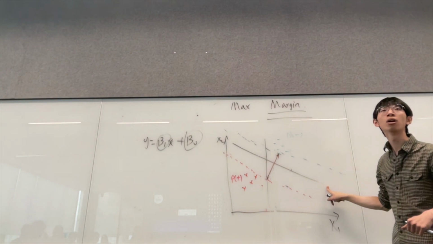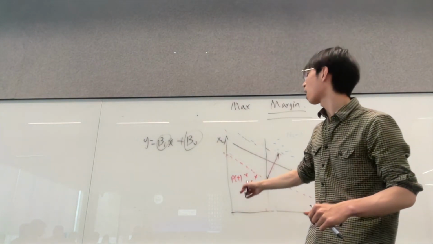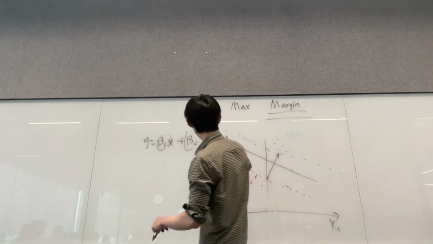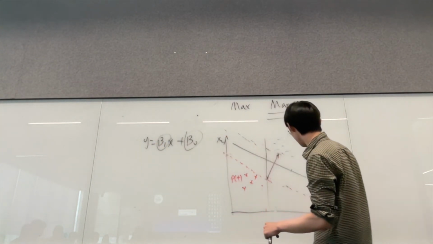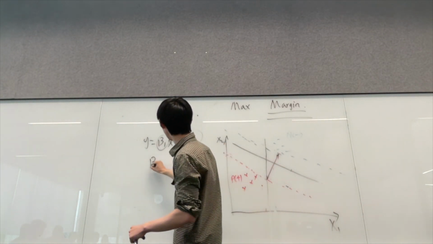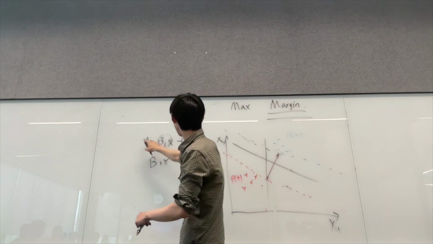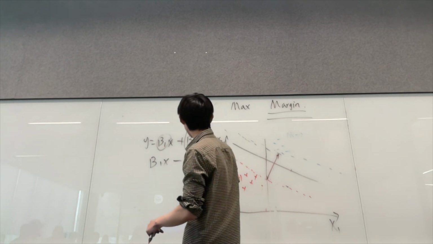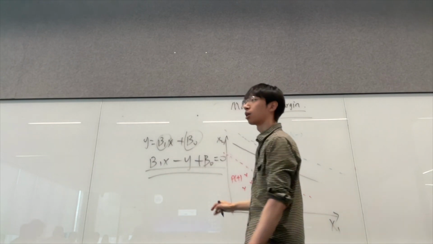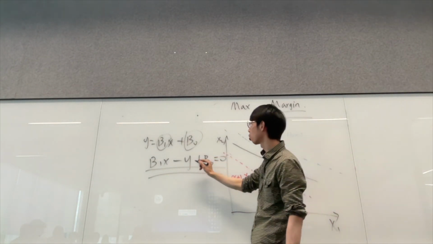W transpose x. Actually, it's the same as this. If you take this as y and this as x, what would this line be? This line would be w1 x minus y plus a constant. It's any line, right?